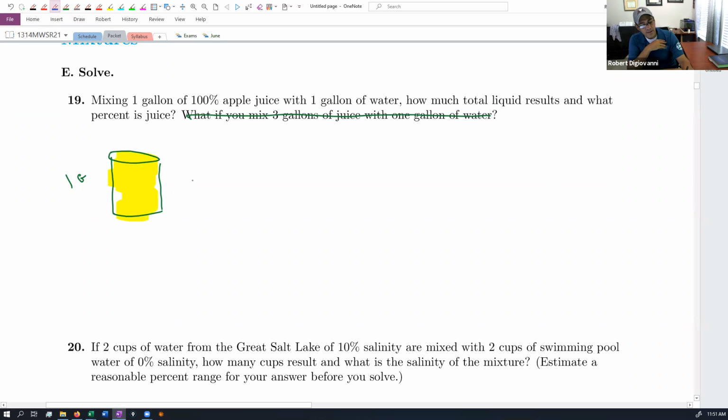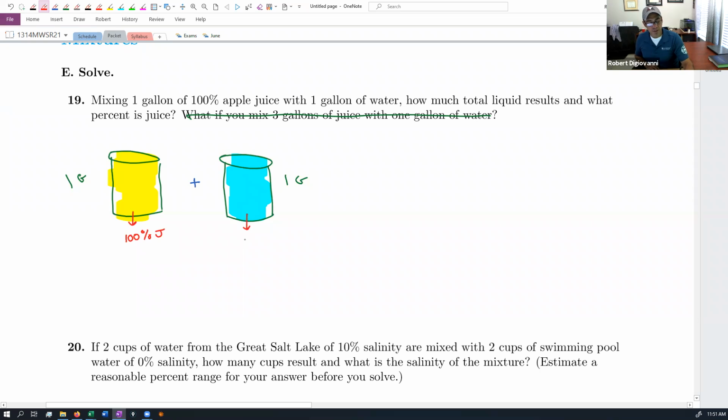And then we're going to add to this another gallon, and this is just pure water. So that means there is 100% juice. I'm going to put J for juice in there.